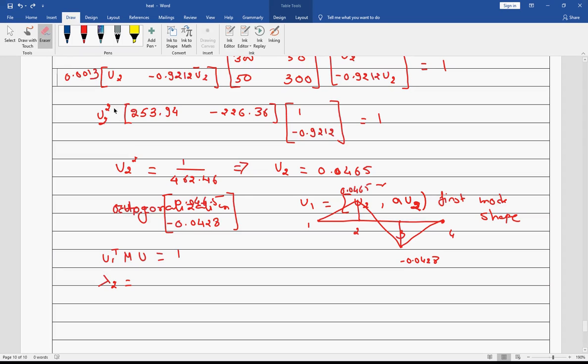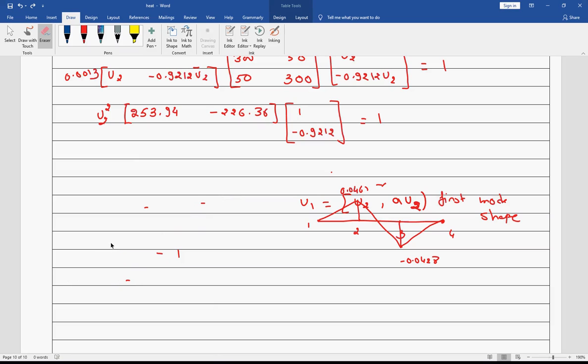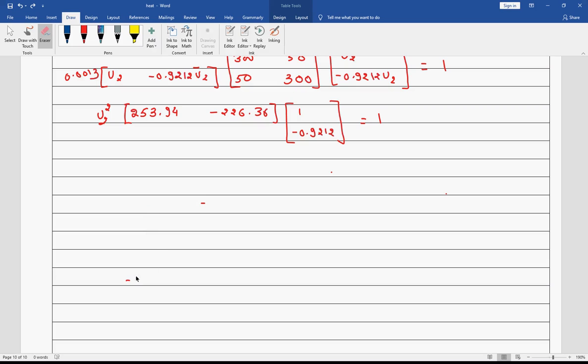So I just erase the whole stuff. Okay, so you can find out this value. I'm directly writing the value of U. Okay, so I'm getting a value of U2 to be 1.2897.